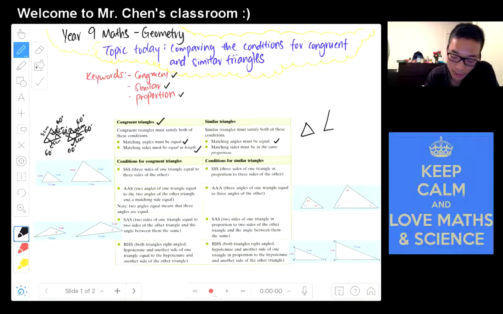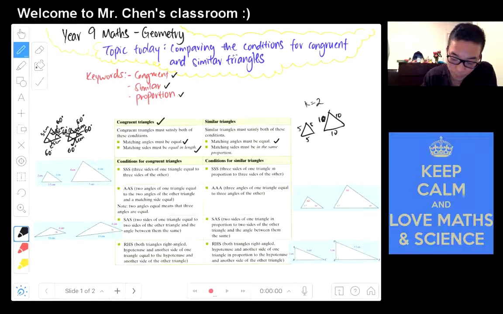So if you look at this, 5, 5, 5, and 10, 10, 10, this has been increased by 2 times, so you know the scale factor is 2. We've done this before. It's the length of the larger one divided by the length of the matching smaller one. That's how I get the 2.